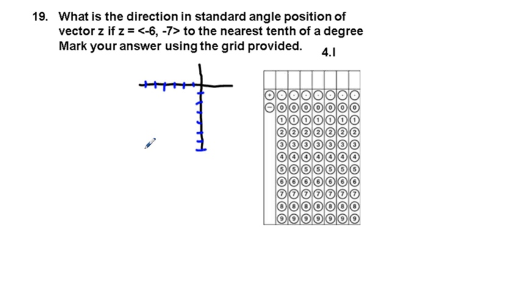So we're talking about this point right here that this vector comes to from the origin, which is at this point -6, -7.